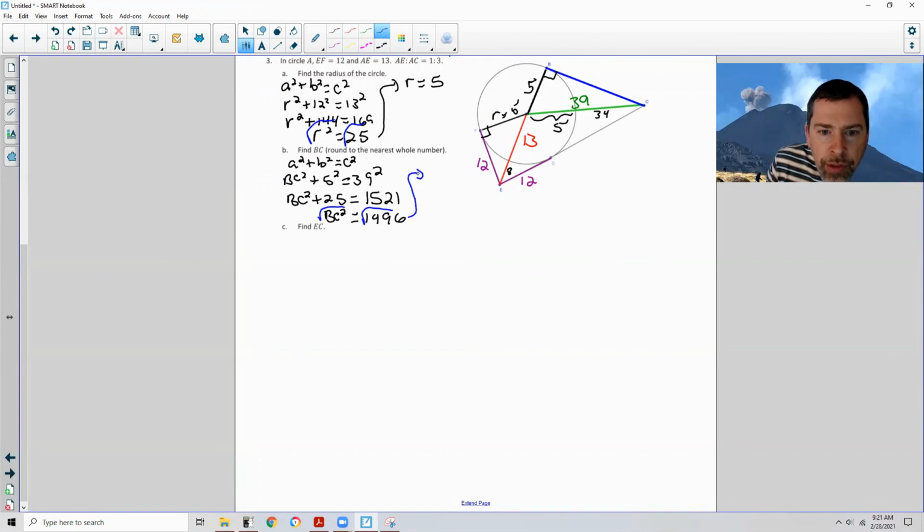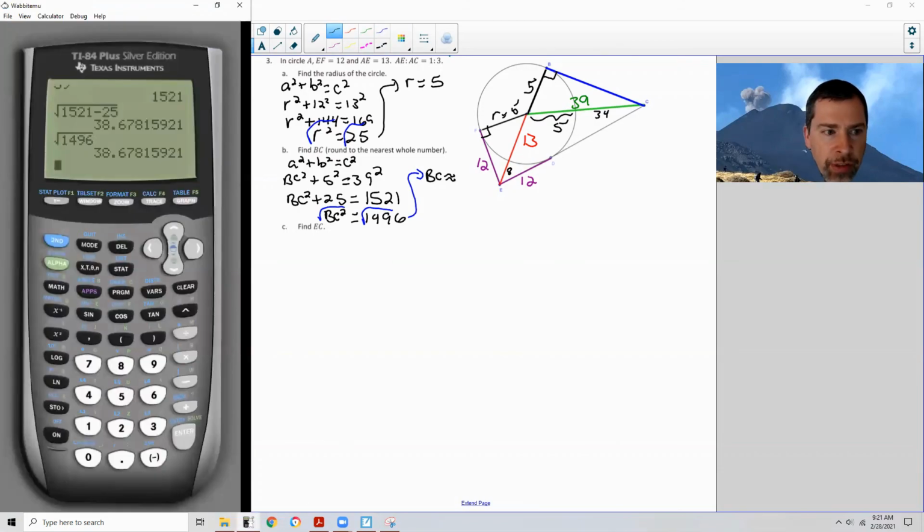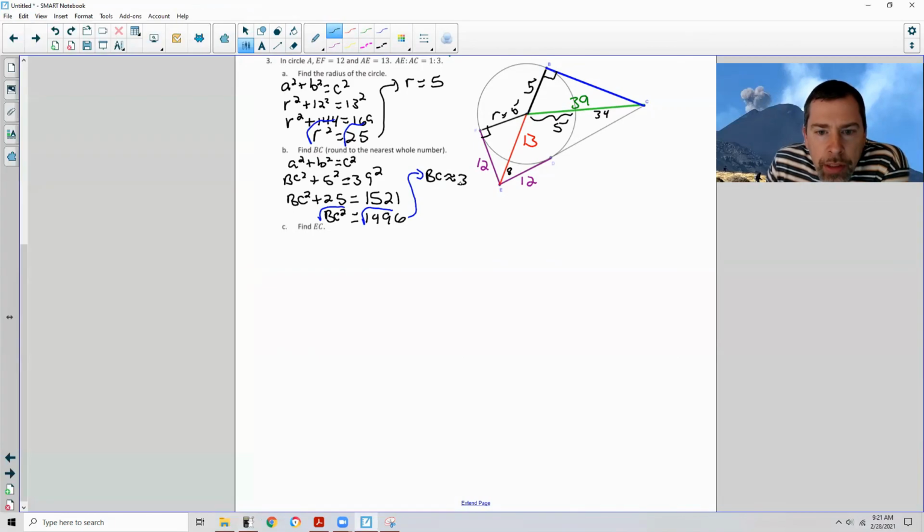So therefore, BC, and I'm going to do an approximation now because it's irrational. 38.67, round to the nearest whole number, BC would be 39. Okay, and we're not given any unit of measurement, so I would just say units. R equals 5 units. BC equals 39 units.